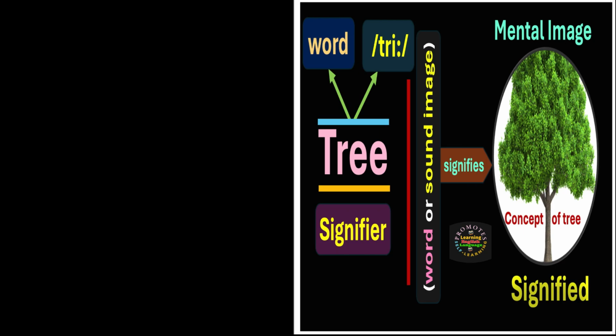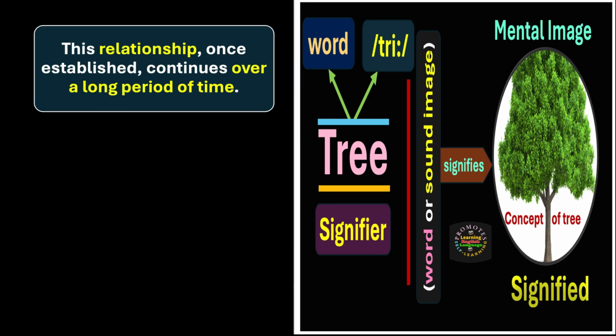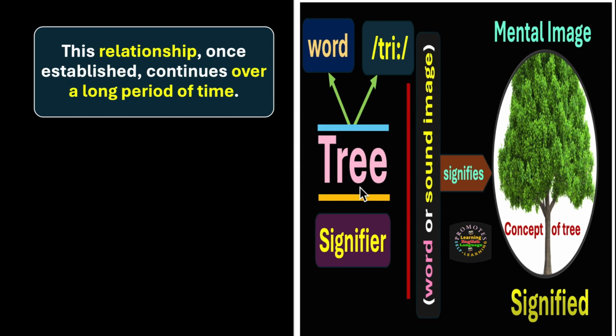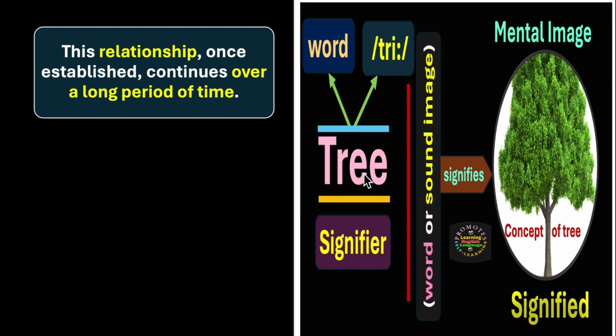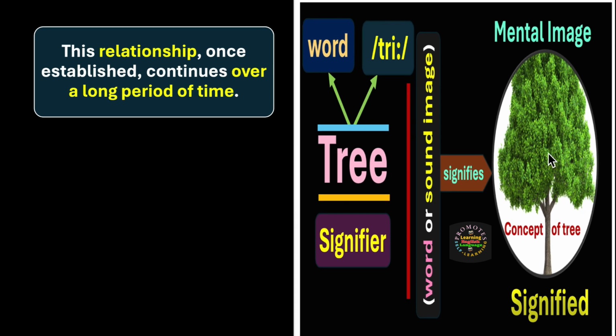We have some more ideas in this respect to talk about. This relationship, between the word tree and the concept of the image of the tree, once established, continues over a long period of time.